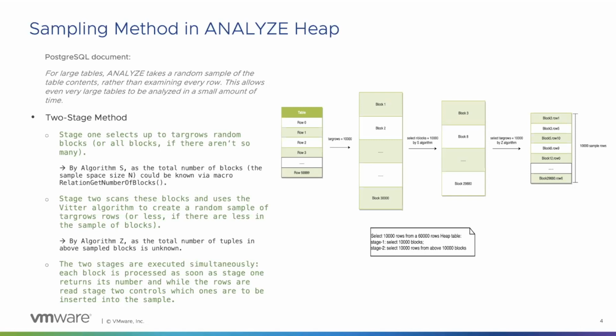Then it continues selecting further blocks and rows. If the further rows are better than the selected rows, they replace the existing ones, and finally it figures out the best selected rows. So this is algorithm Z's workflow.